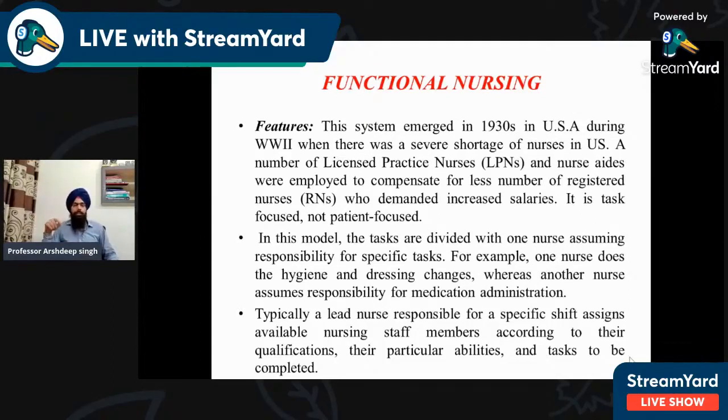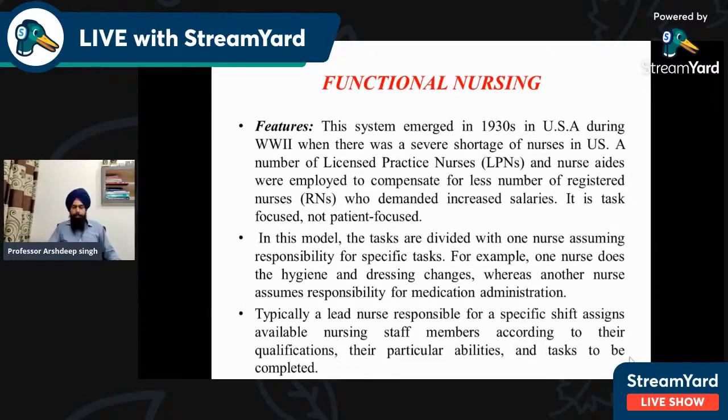But in functional nursing, the patients are assigned to the nurses along with specific functions that you have to do for the same patients. For example, hygiene and dressing changes will be performed by one person, whereas another nurse would assume medication administration, or any other type of function.